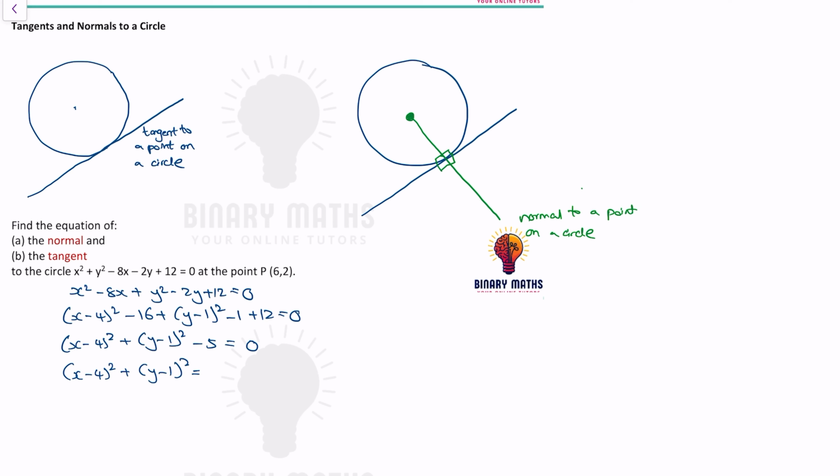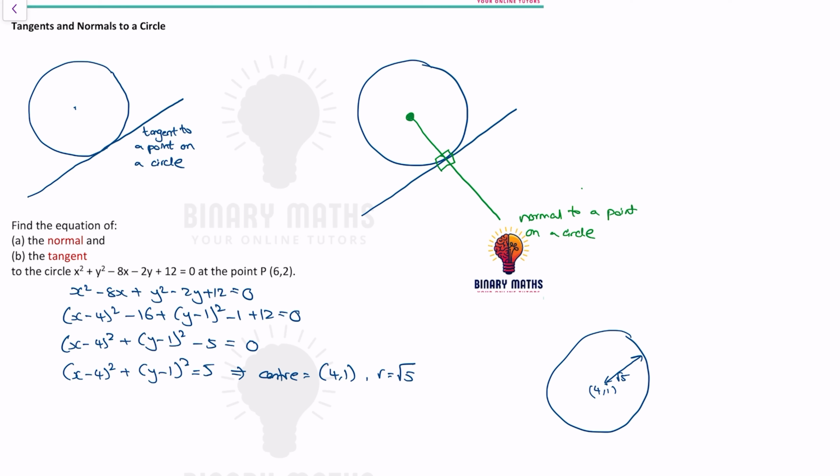Which implies the center is at (4, 1) and the radius is equal to root 5. So if I were to sketch this diagram out, my circle center is (4, 1). My radius is root 5.